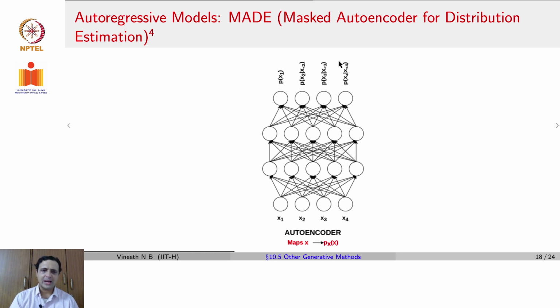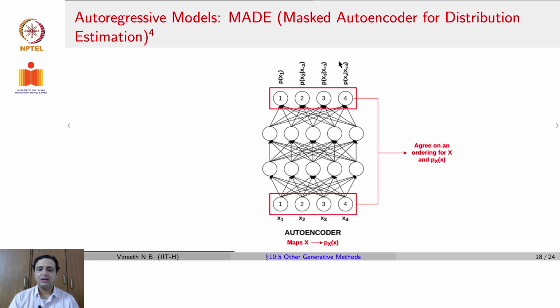So how do we adapt NADE to this kind of an architecture? There's an interesting methodology for this. Firstly, you give an ordering to each of your input nodes and your output nodes. In this case, we'll keep it simple and say 1, 2, 3, 4 and 1, 2, 3, 4.